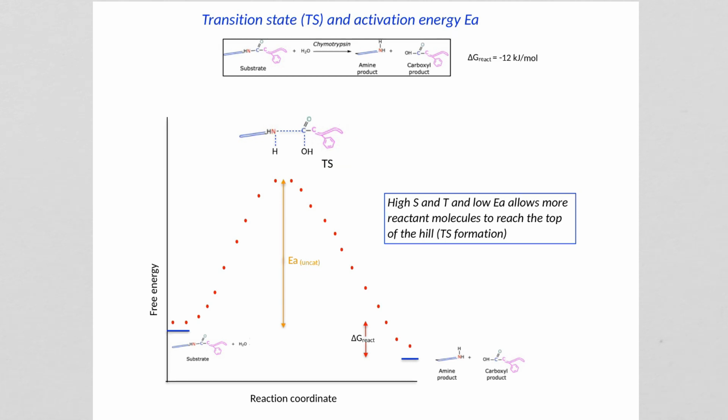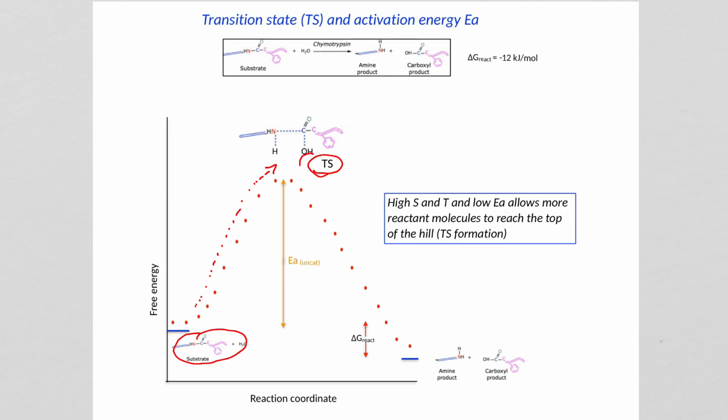As you can see, the transition state has a much higher energy compared to the substrates or the products. So for this reaction to occur, the reacting molecules will have to get enough energy to climb up the top of this hill where the transition state is.